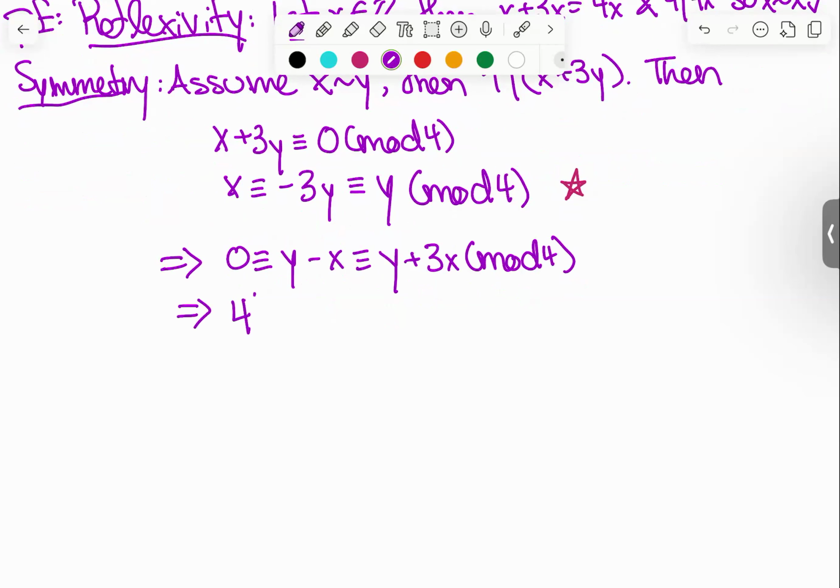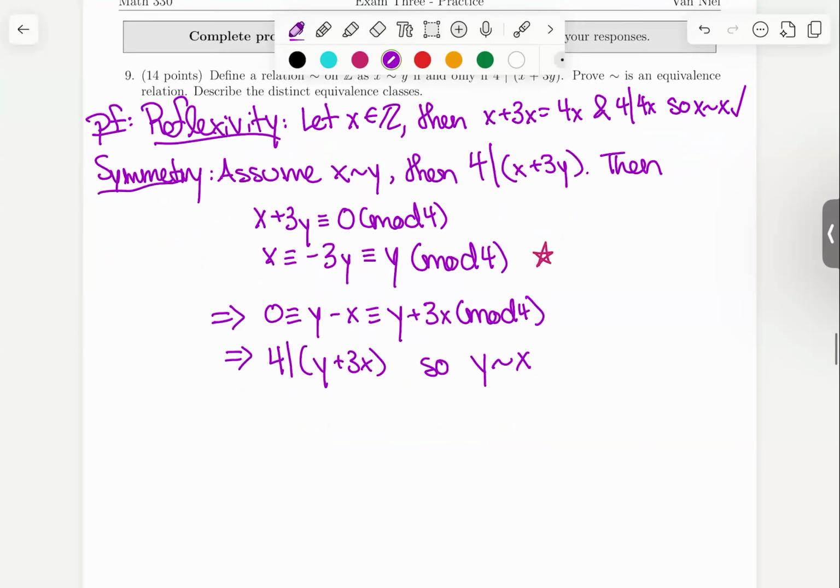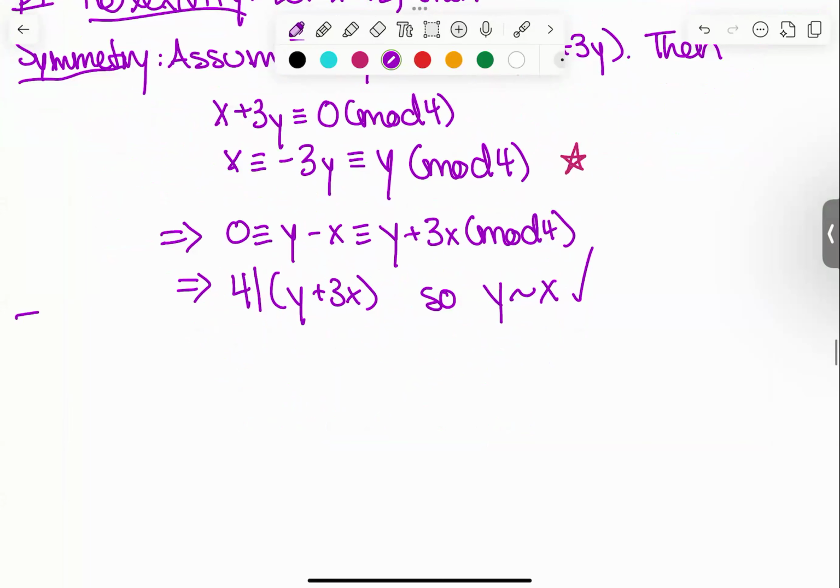Therefore, 4 divides y plus 3x. So y twiddles x. Is that the right direction? x twiddles y, x plus 3y. Yeah, so y twiddles x. Great. Yeehaw. And notice I already said symmetry, so I get to just do a little check. I don't have to say therefore it's symmetric, or anything like that.